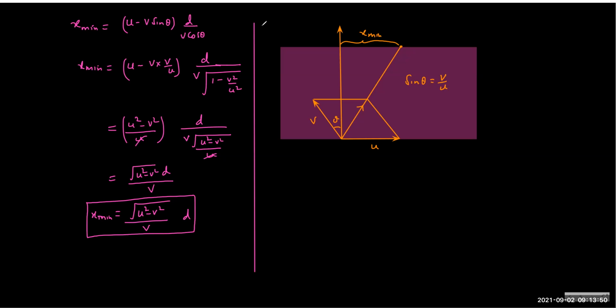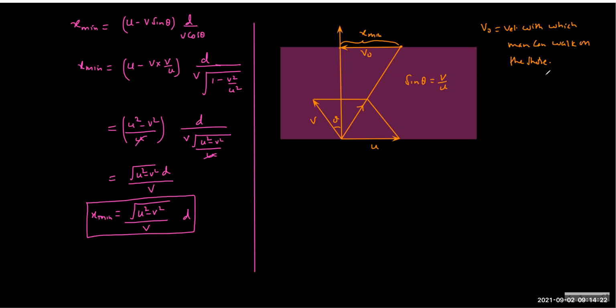Now, let's say you can walk on the shore with some velocity, so it's normally given in this question. If you want to reach the opposite bank, then let's say you can walk on the shore with velocity v naught. So v naught is the velocity with which the man can walk on the shore.